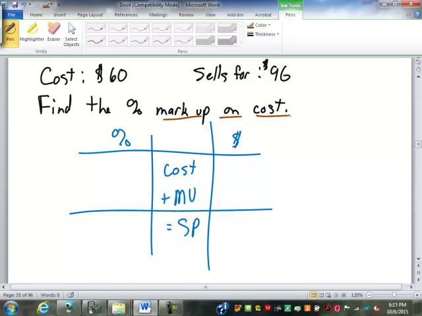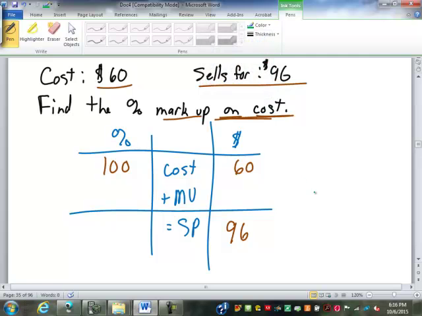Markup on cost. 100% goes with the cost. That's the only percent I have. I'm not given any other percents in the problem, really. So I'm going to look at the dollars now. Cost is $60. Sells for $96. That means the selling price is $96.